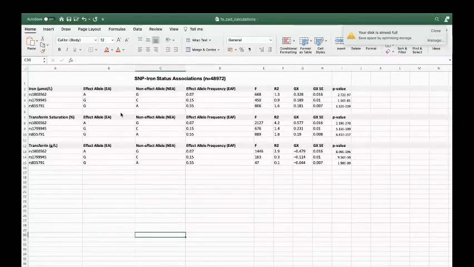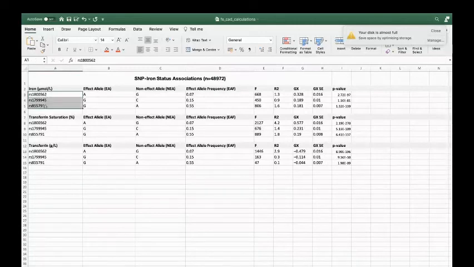So 1.3% for the RS1800562 SNP. So 1.3% of the variability in iron is explained by that SNP. So not really contributing a lot, but again, it's significant. It's 2.72 times 10 to the minus 97. So it's highly significant.